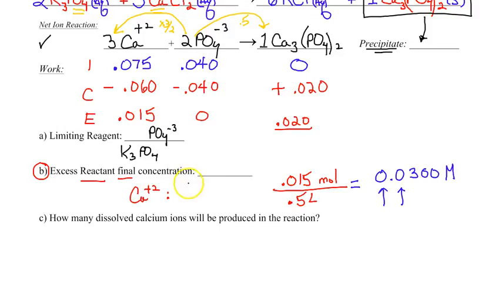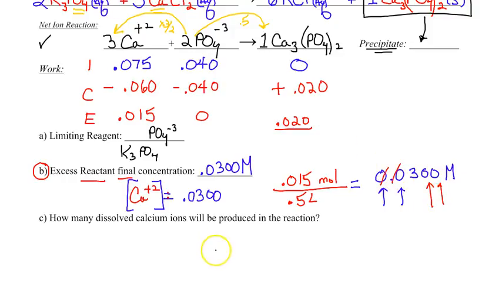Okay, so the excess calcium concentration is equal to 0.0300 M. Remember, leading zeros never count and ending zeros do.